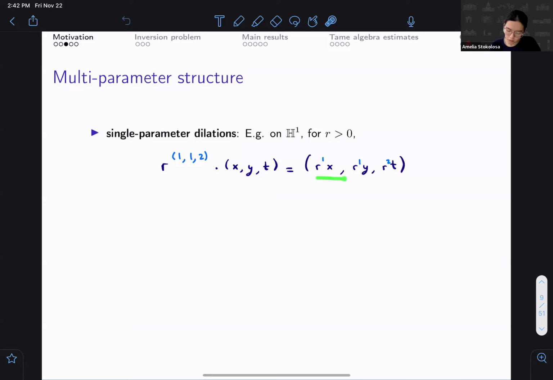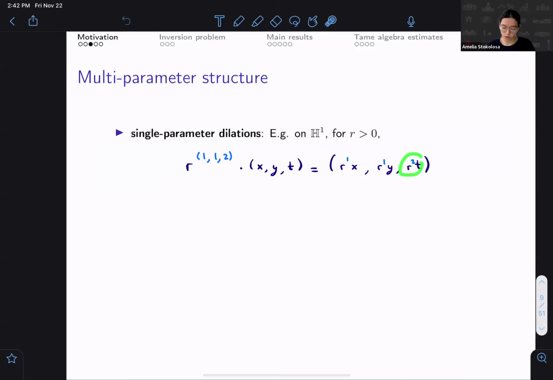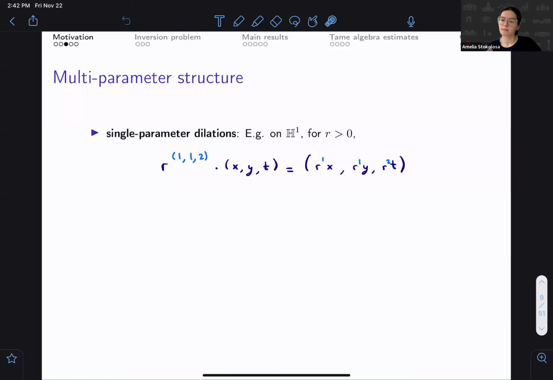You multiply the first two coordinates in the element by R, and because of the twisting that gives the non-commutative group operation a non-commutative flavor, you have to square the positive number you pick in the last coordinate.